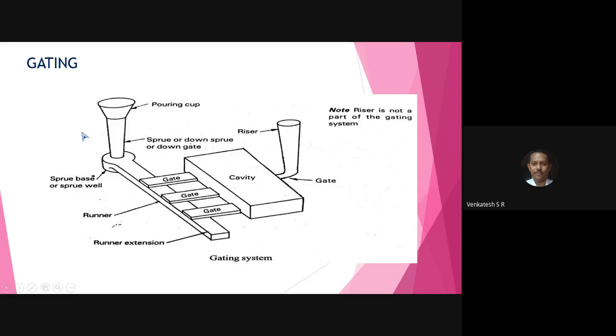These are the elements of a gating system. This is very important. You can expect this question in the examination and also in the test. All of you mark it. Write down the question: explain briefly with neat sketch.